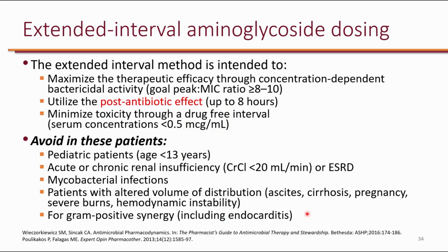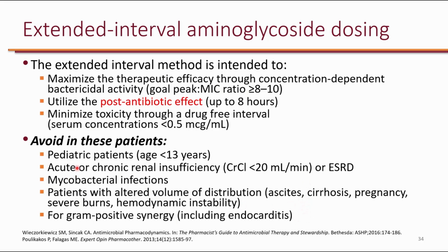When it comes to extended interval dosing of aminoglycosides, there are different ways to do it. One way is to use equations to calculate dosing and you set your tau to 24 hours. There are also nomograms that are established for the use of aminoglycosides. When you use a nomogram, it's important to use it in patients in whom the nomogram has been validated. One in particular is the Hartford nomogram.